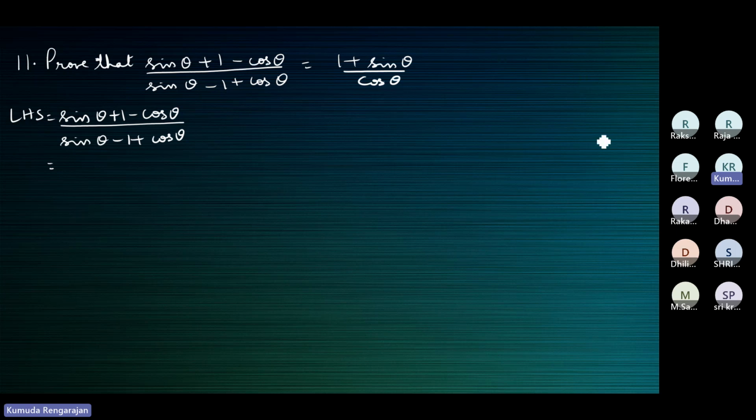So in the rough column, we just work the right hand side. So it's 1 by cos theta plus sine theta by cos theta. 1 by cos theta is secant theta, plus tan theta. So the RHS is actually secant theta plus tan theta. You can see that. So now, by what should you divide, children, to get secant and tan?